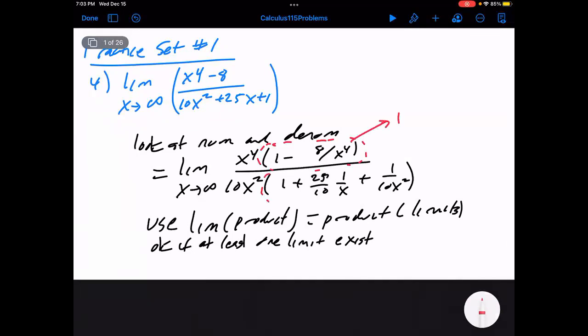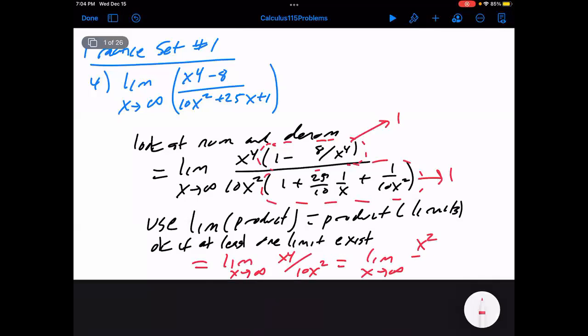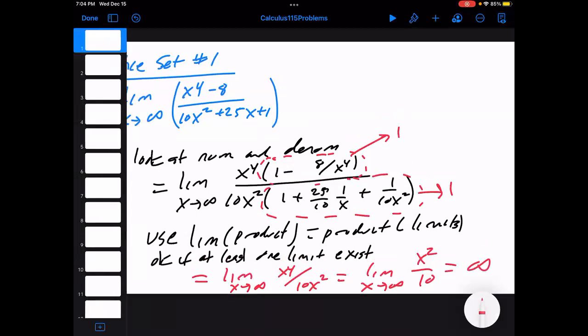And what does the bottom go to? Also 1. That's why we pull things out. So this is the limit as x goes to infinity of x to the 4th over 10x squared, which is the limit of x squared over 10, which is just infinity.